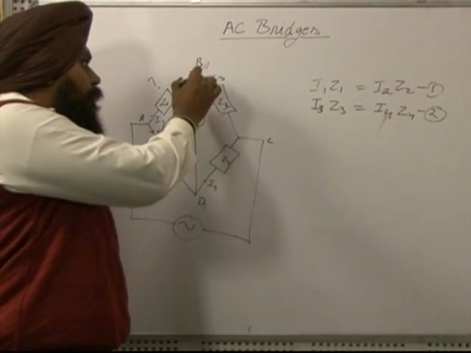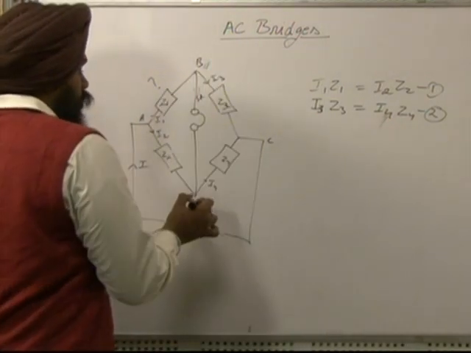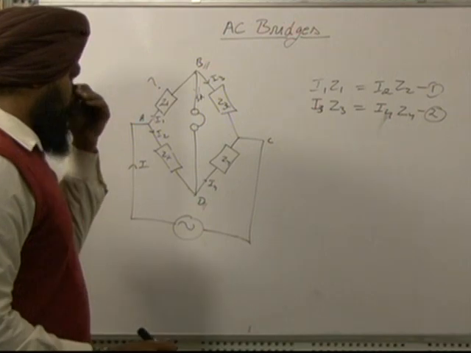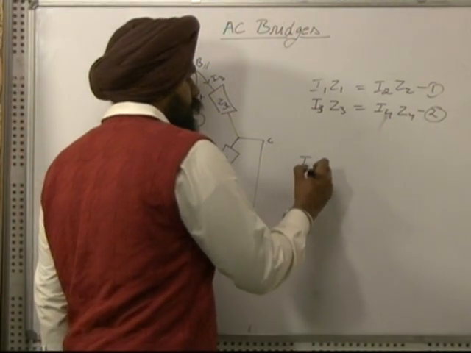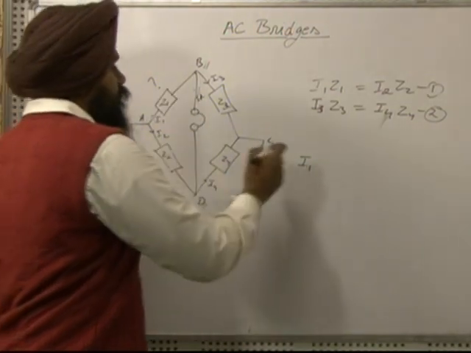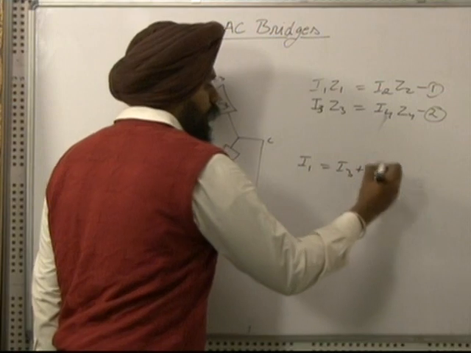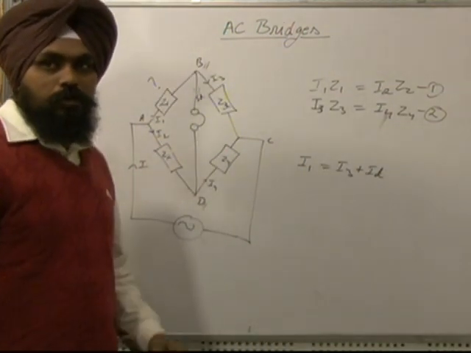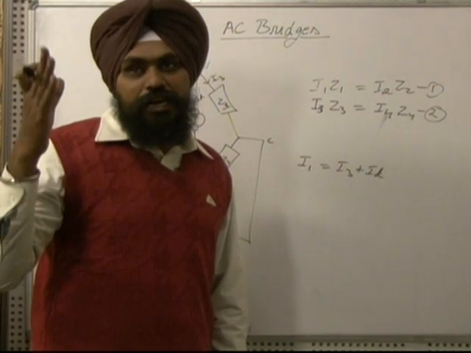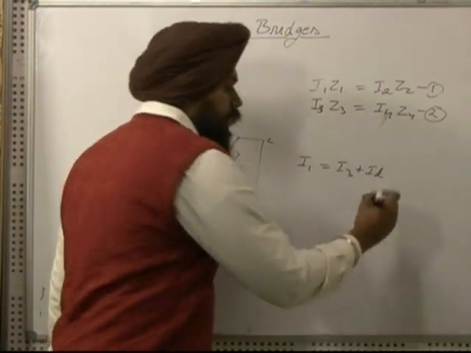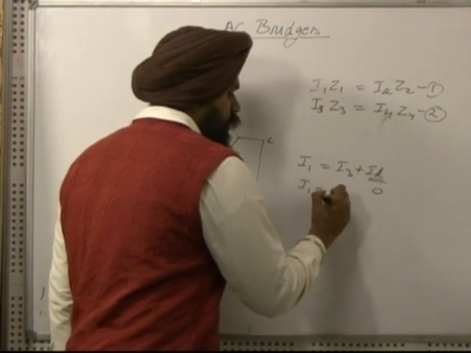Now if we apply KCL at node B, or at node D, what we have is incoming current is I1, outgoing currents are I3 and ID. Now under the balance condition, balance हमारे पास कब आएगा? जब डिटेक्टर में से करंट नहीं फ्लो कर रहा, या जब ID is equal to 0 और I1 is equal to I3.